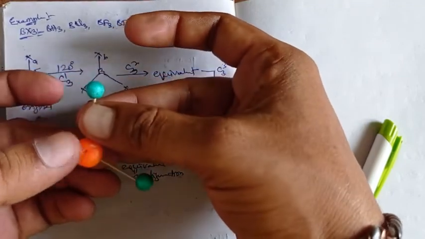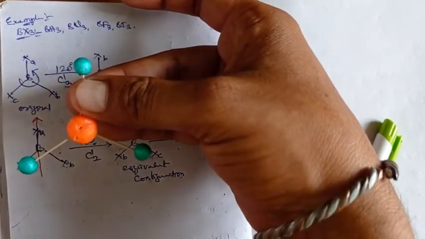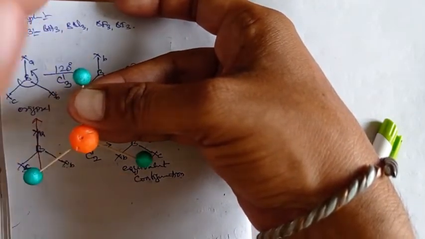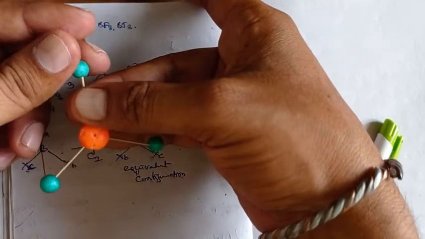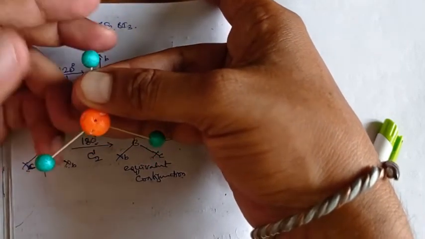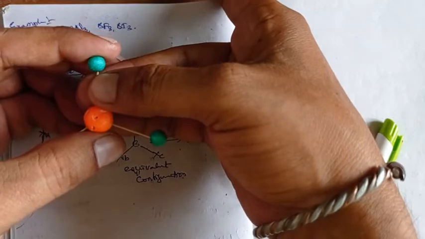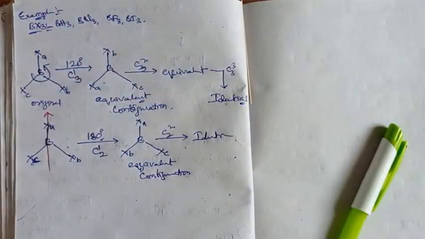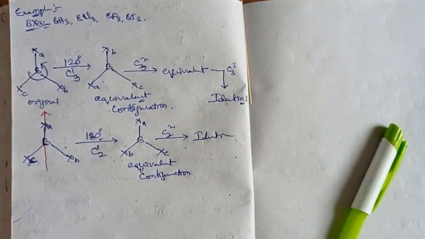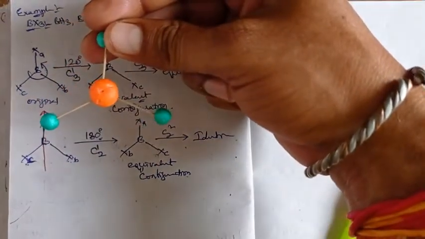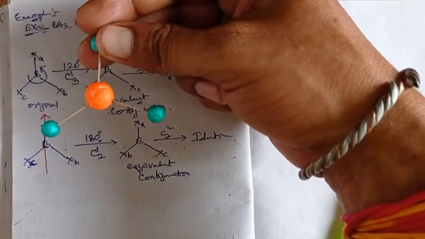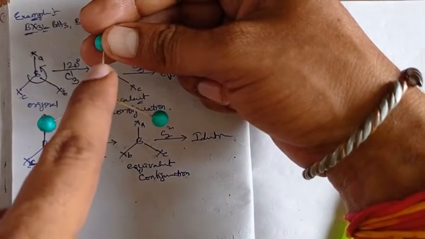What I said is that we take an imaginary axis passing through boron and one of the halogens. So here, like this. This is the BX3 molecule, and with this axis we are rotating, holding this particular bond.